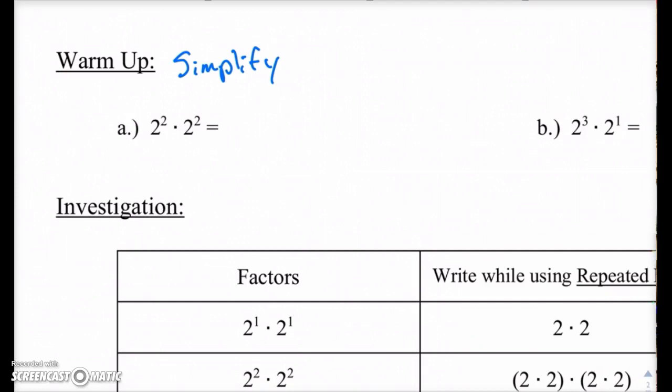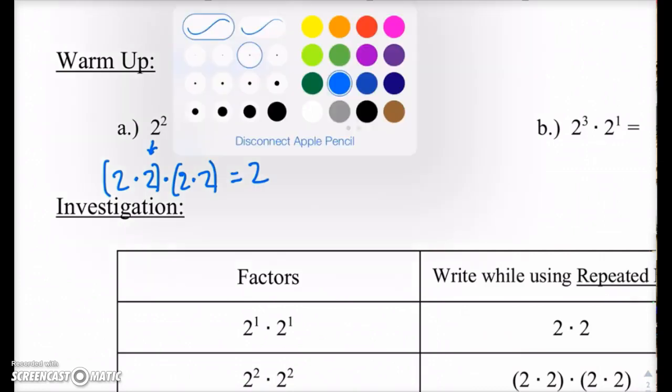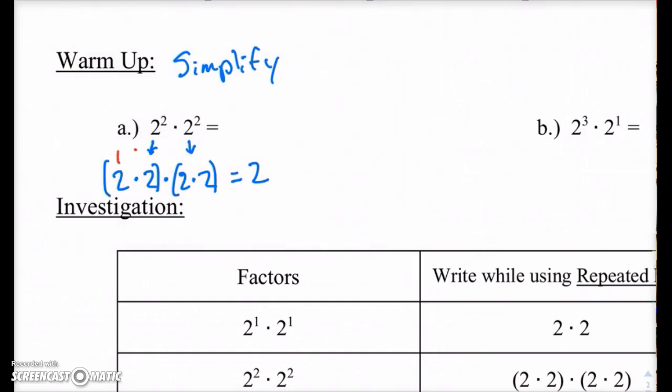In short, 2 to the power of 2 is the same as saying 2 times 2, and likewise over here it will be 2 times 2. So in retrospect, what we have here is 2 to the power of, if we count, 4 2's: 1, 2, 3, 4. So it's 2 to the power of 4, which can then be simplified to just 16.